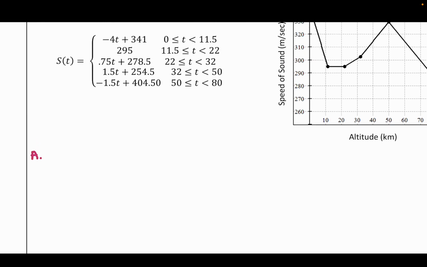So let's start with our first piece of our piecewise. So let's see, I'm going to label my work 0 to 80, s of t dt would equal. We're going to start with our first integral from 0 to 11.5, and that is our piece of negative 4t plus 341 with respect to t.